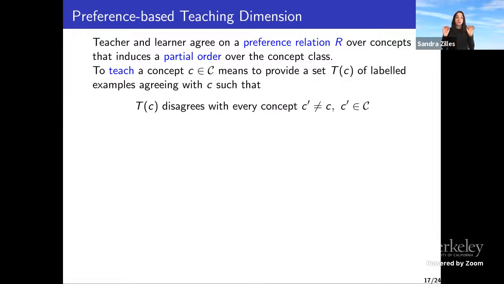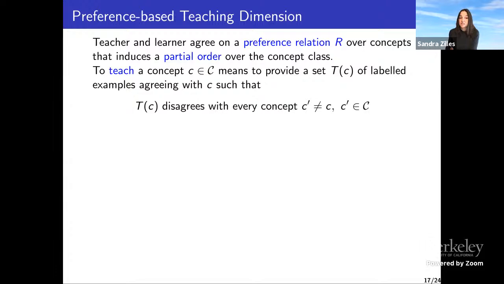In preference-based teaching, teacher and learner first agree on a preference relation over concepts that induces a partial order over the concept class. Now, to teach a concept in the classical teaching dimension model means to provide a teaching set of labeled examples consistent with the concept in a way that the teaching set disagrees with all the other concepts.